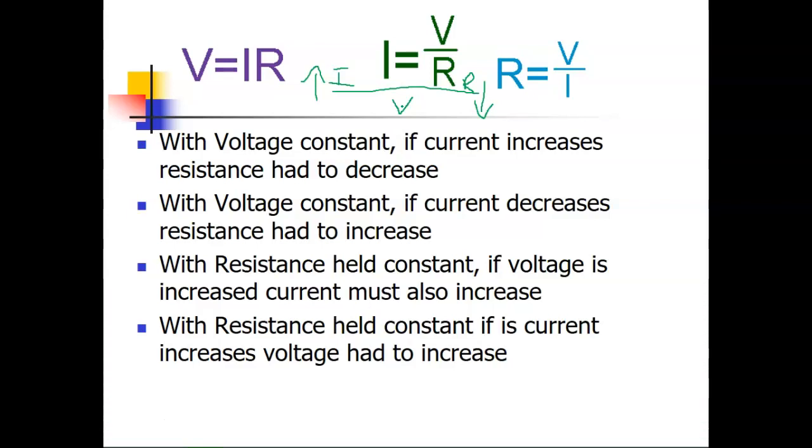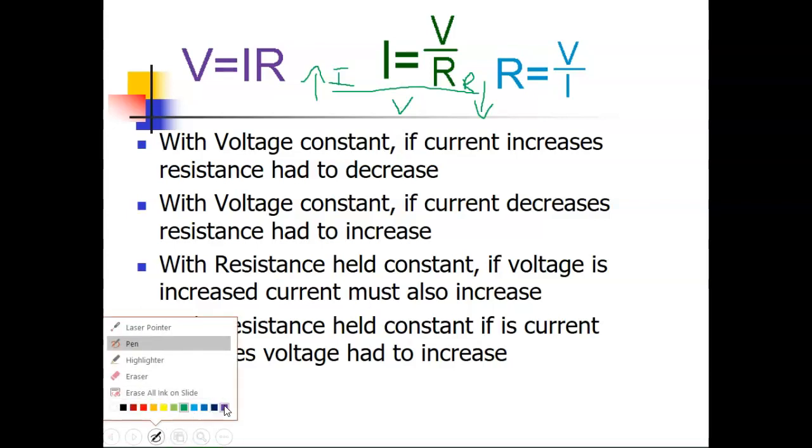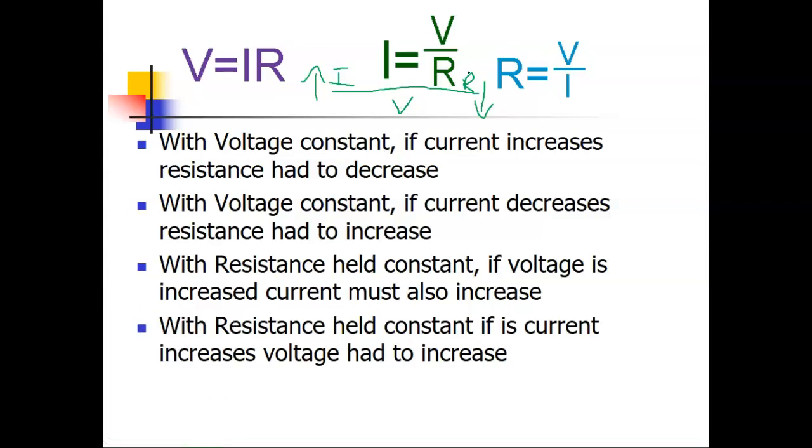Does that make sense so far? Then if current goes down, resistance will go up as long as voltage remains unchanged. So that means that current and resistance are inversely proportional. Does that make sense to everybody so far?